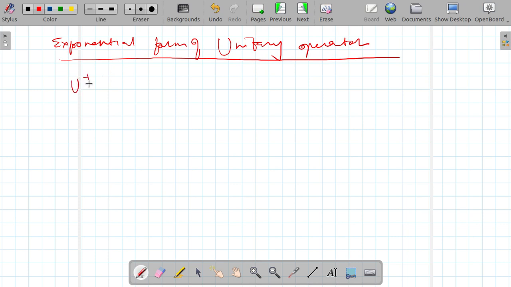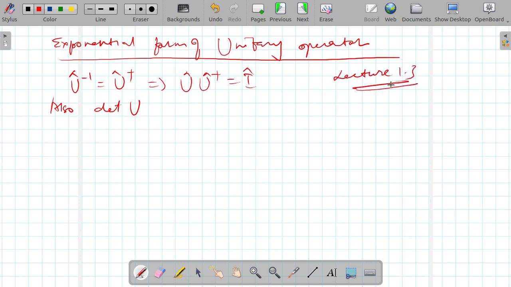As we know, if U inverse is equal to U dagger, which implies U dagger U is equal to the identity operator, then we can say that it is a unitary operator. Also we studied, in lecture 1.3, in the last part of the lecture, these properties.